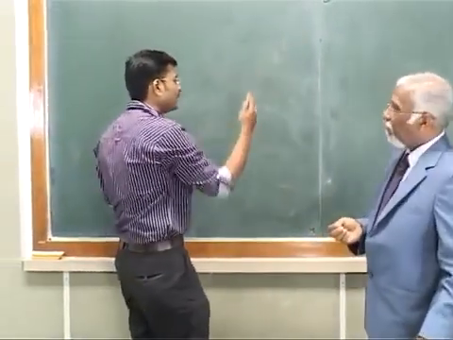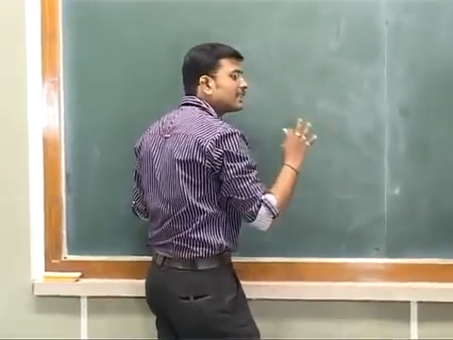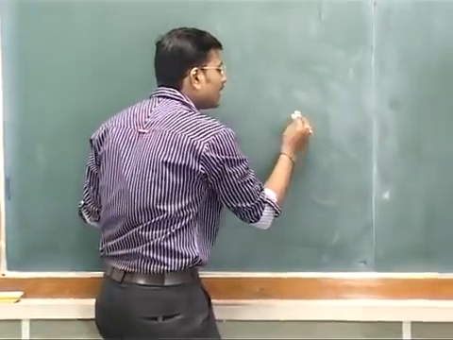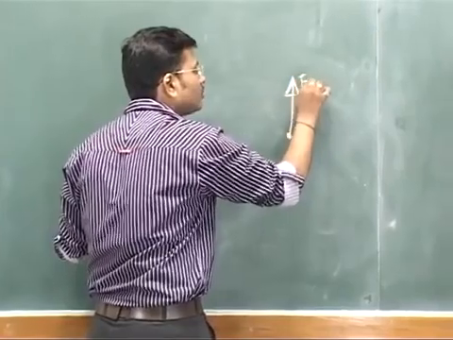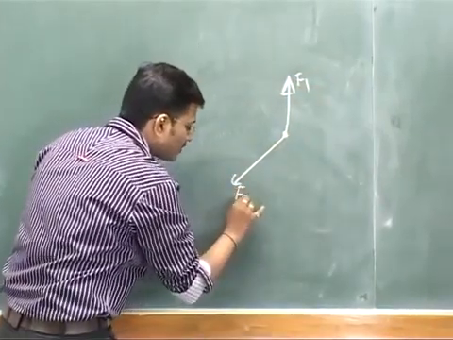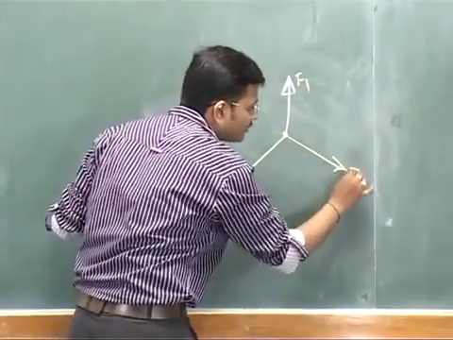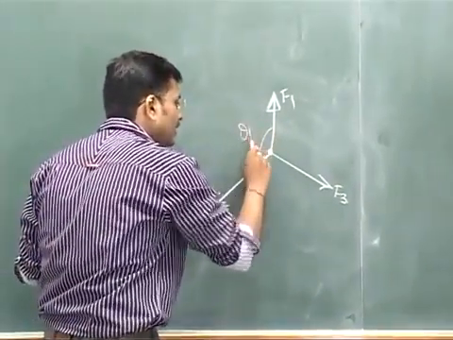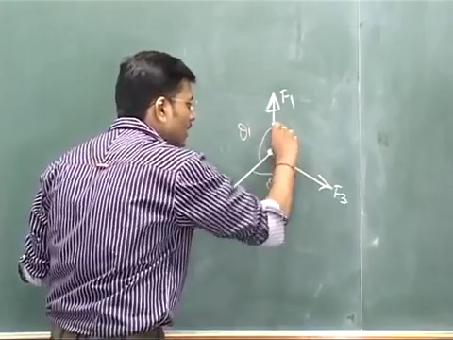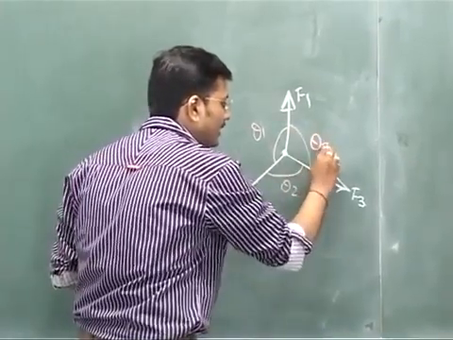Lami's theorem is applicable when there are three concurrent forces. Okay. So three concurrent forces means forces passing through a single point. For example, this is the first force F1, this is the second force F2, and this is the third force F3. The angles between them, let's say theta 1, theta 2, and theta 3.